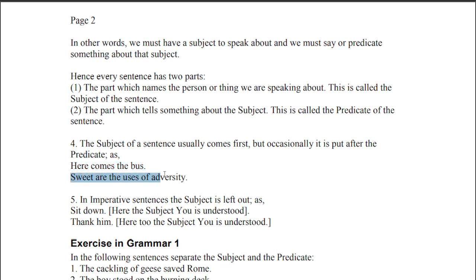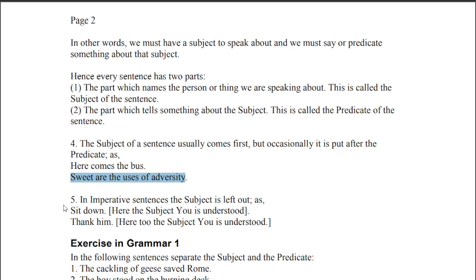Similarly, sweet are the uses of adversity. The speaker has first named a thing, the uses of adversity, and then said something about the uses of adversity, that is, sweet are. The uses of adversity is the subject, and sweet are is the predicate.